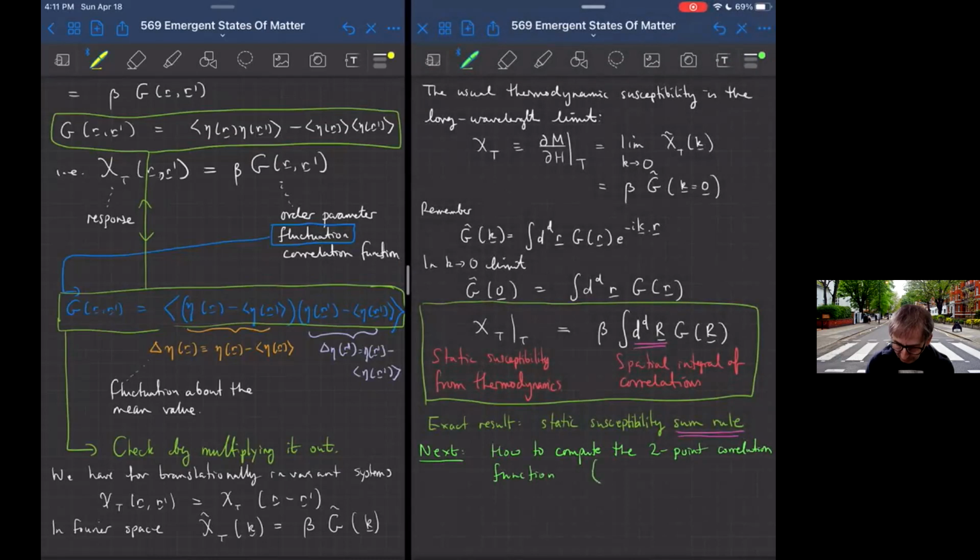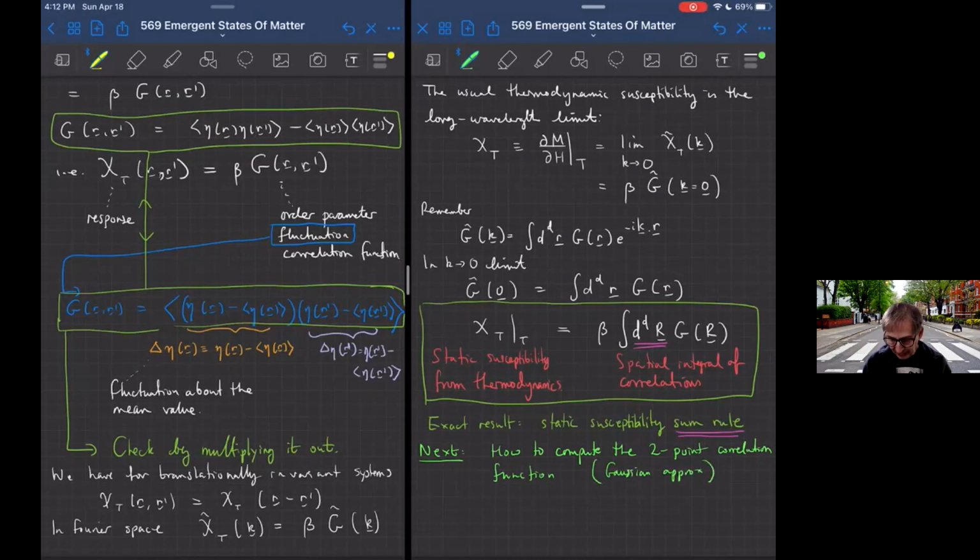And we're only going to compute it in Gaussian approximation. So we're not going to be doing it in full gory details. You'll see where we make those approximations when we get there.